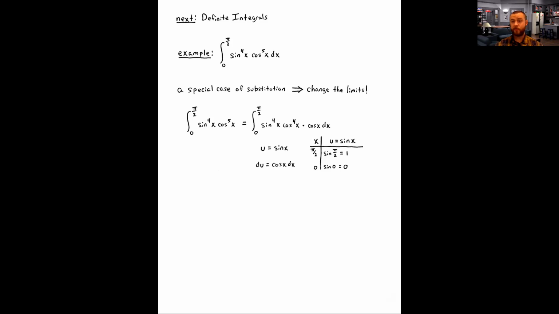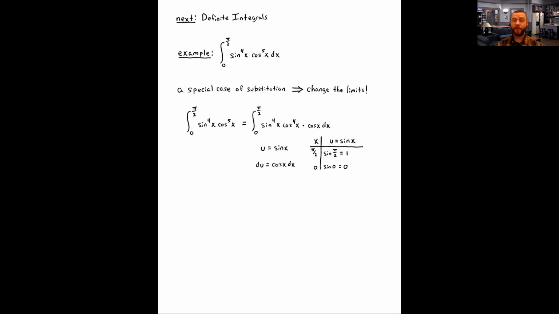And from here, we now know what substitution to make. We plug in our original x limits, 0 and pi over 2, to our substitution, u equals sine of x. Our new converted u limits: sine of pi over 2 is 1, and sine of 0 is 0.